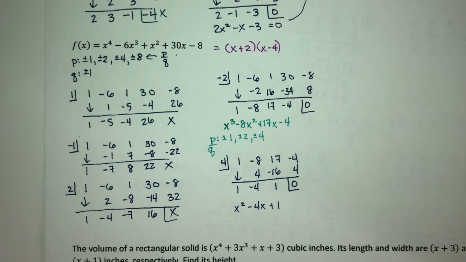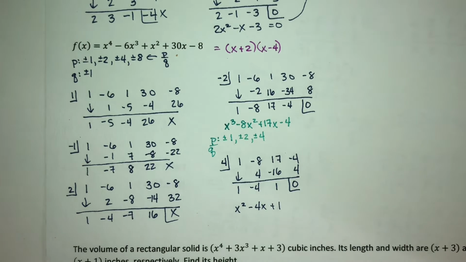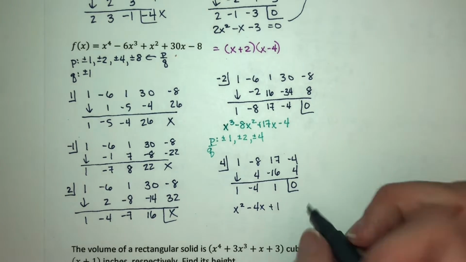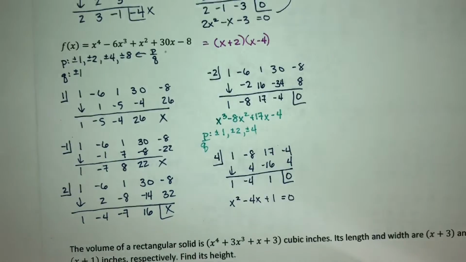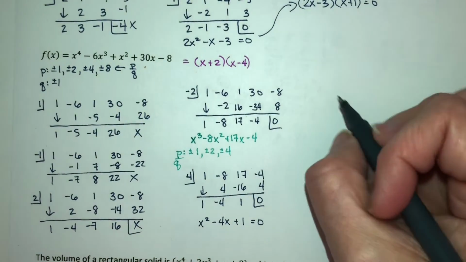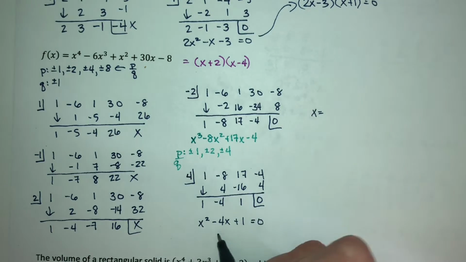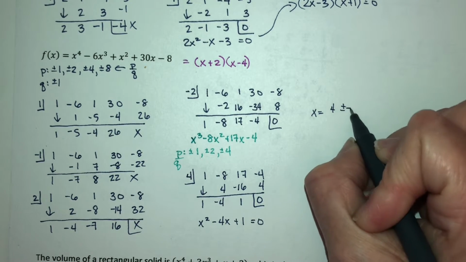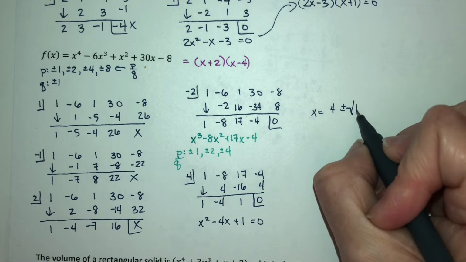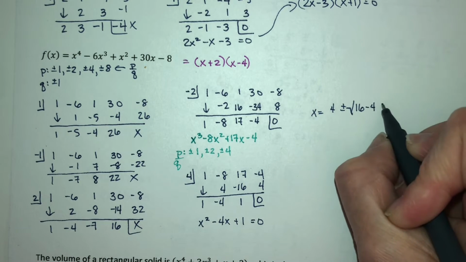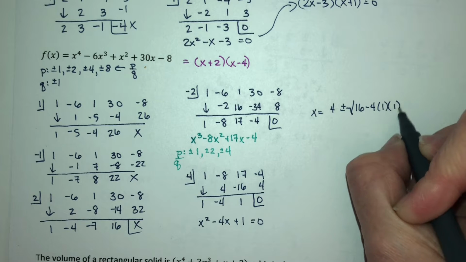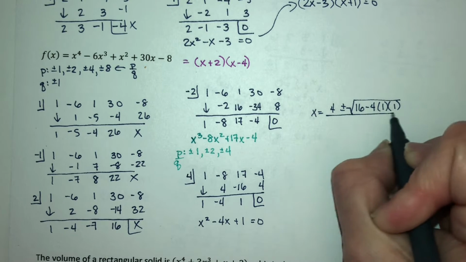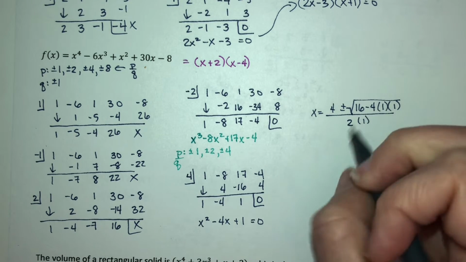So now I need to find the zeros for this. And this doesn't have rational zeros. This does not factor. So I'm going to go to the quadratic formula for this to find my other solutions. X is equal to -b plus or minus the square root of b squared minus 4 times a times c over 2 times a.